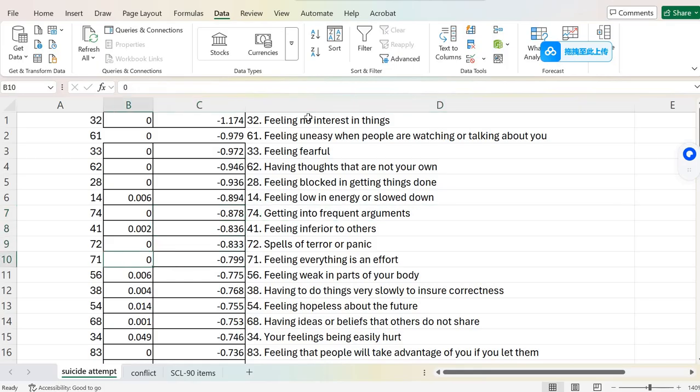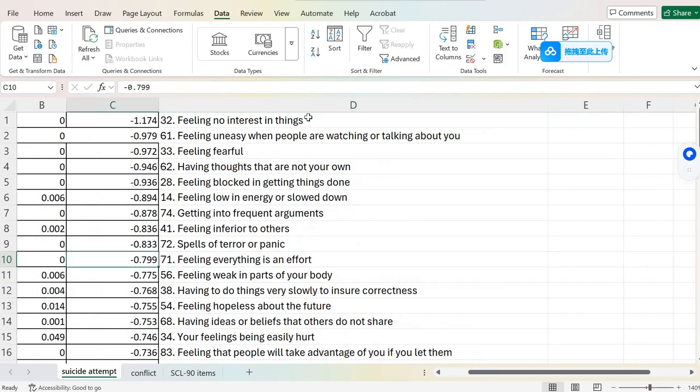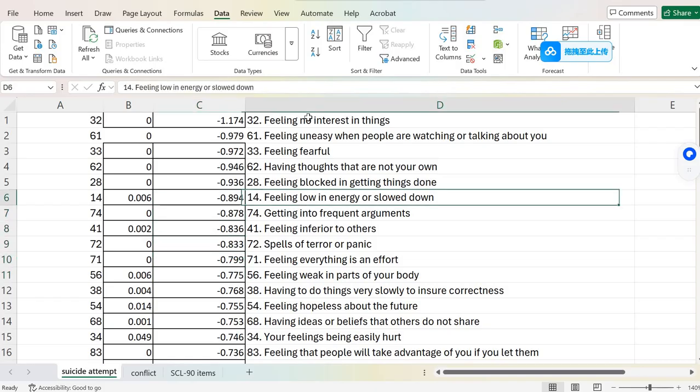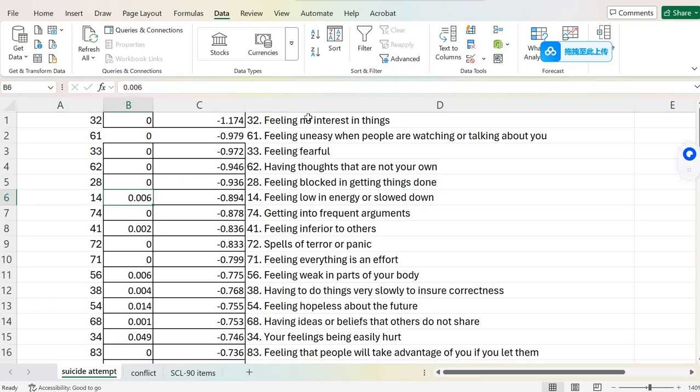And the p-values are all smaller than 0.05, all close to 0. That means that these differences are not due to random error, not due to chance. Let me take this example, 14, feeling low energy or slow down. The p-value is 0.006.